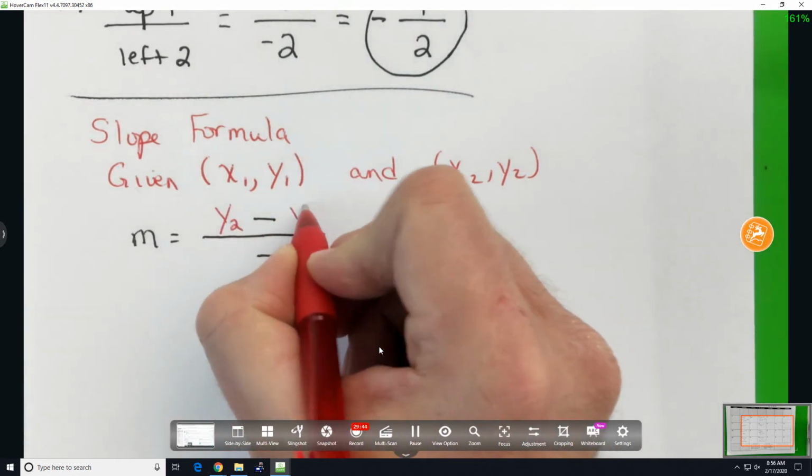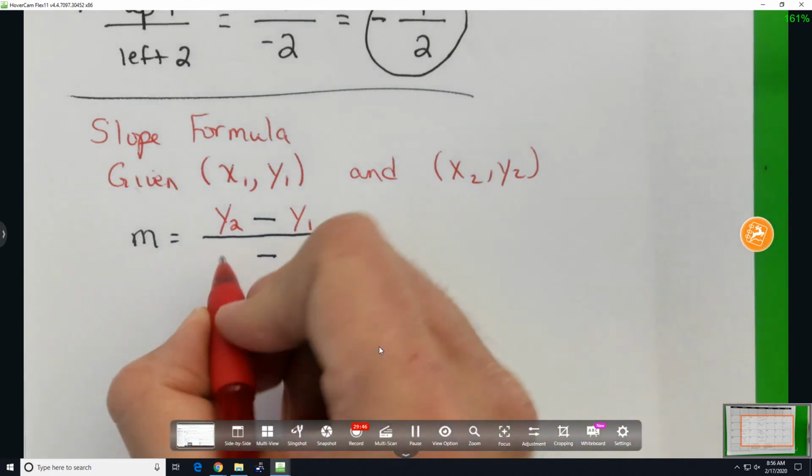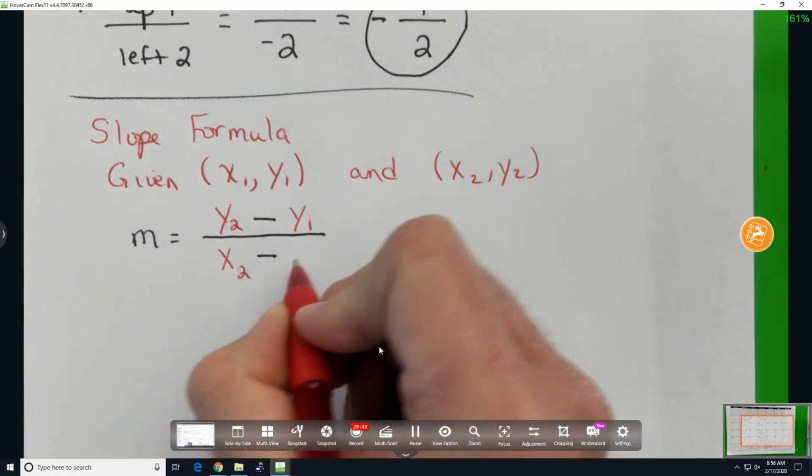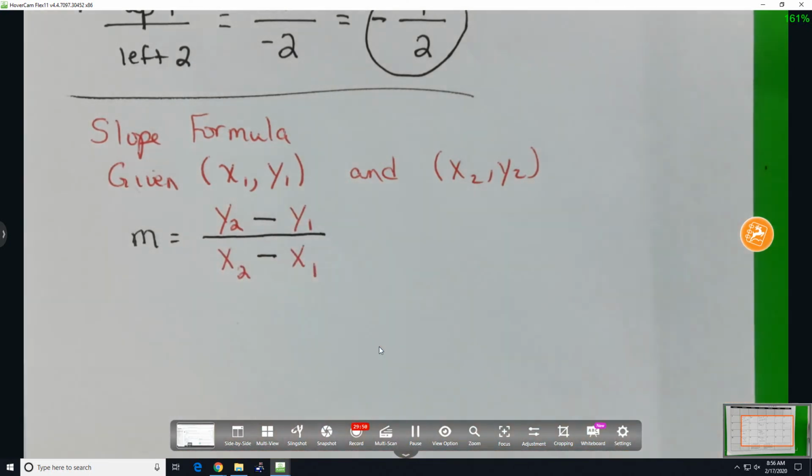Second y minus first y over second x minus first x. That y2 minus y1 will get you the rise, the x2 minus x1 calculates the run. Okay? So it's second y minus first y over second x minus first x. Those are not exponents. There are no exponents anywhere when working with lines.